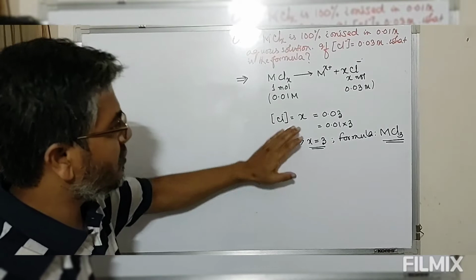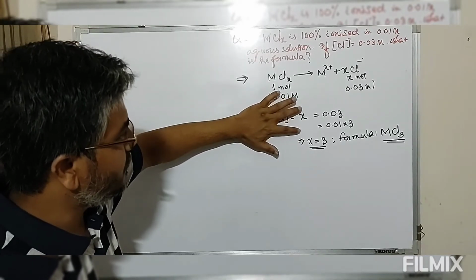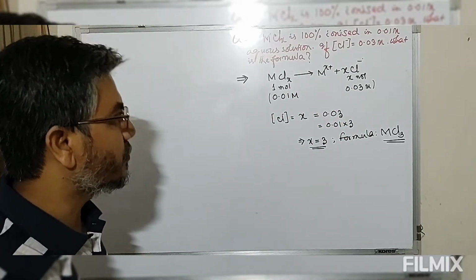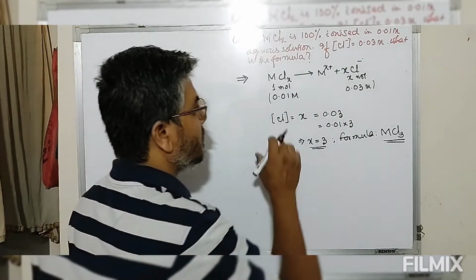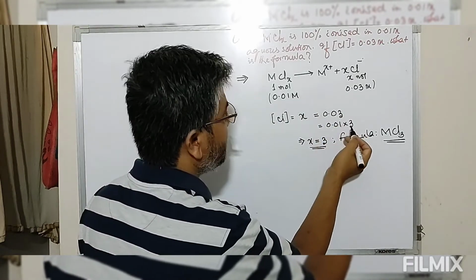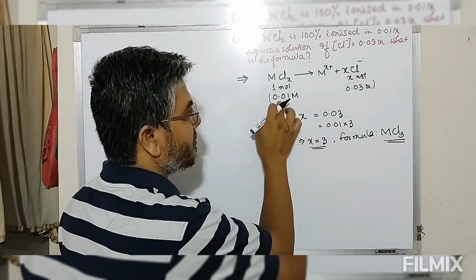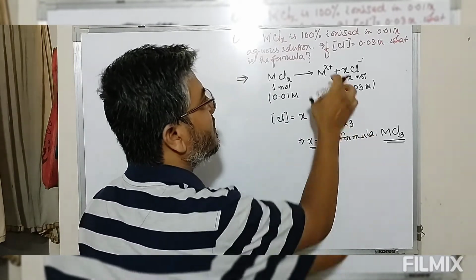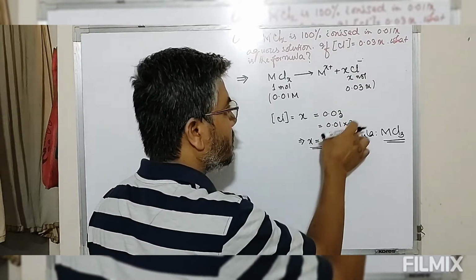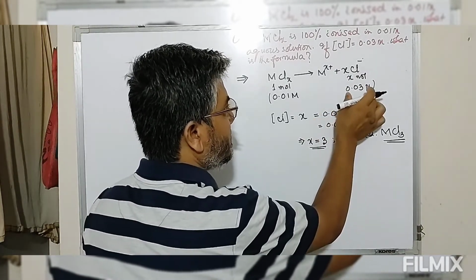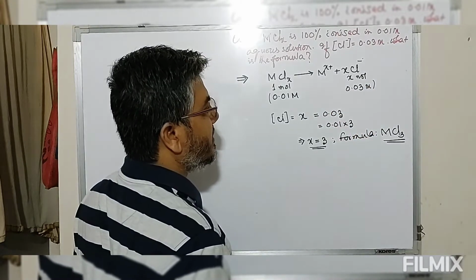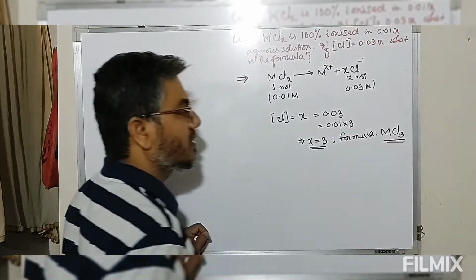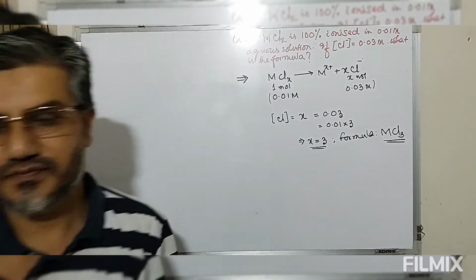So the total concentration being 0.03 is equal to 3 times the initial concentration. That means 1 mole of the substance will give you 3 moles of Cl minus. Because of this, the total concentration of Cl minus in the solution is 0.03. Hence, the value of X in the formula should be 3, so MCl3.